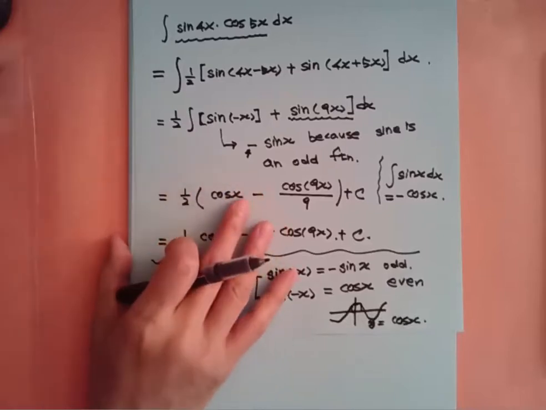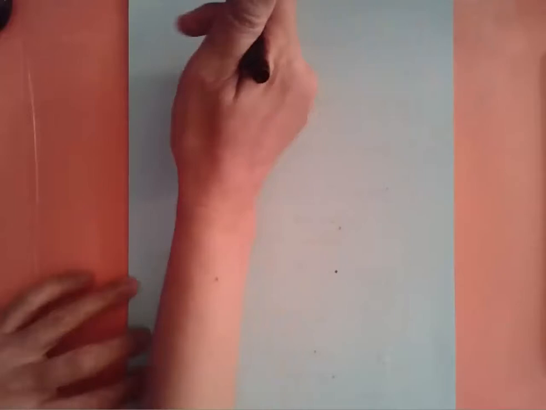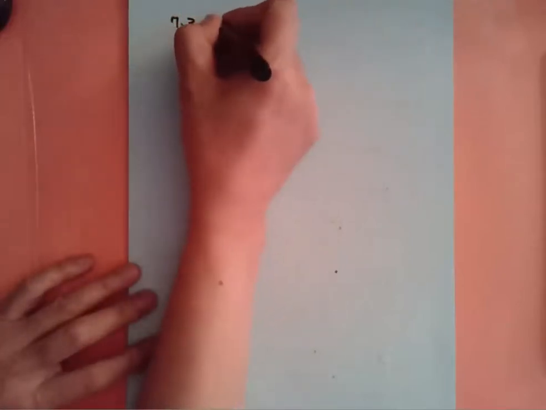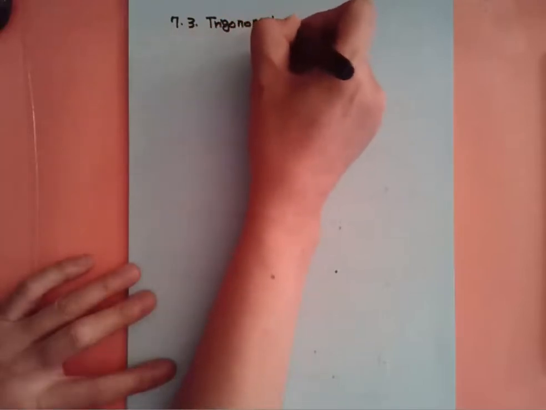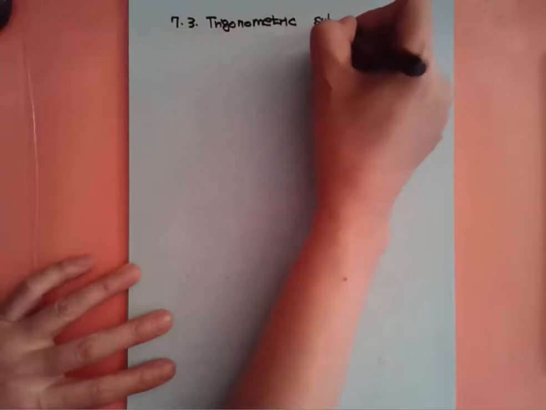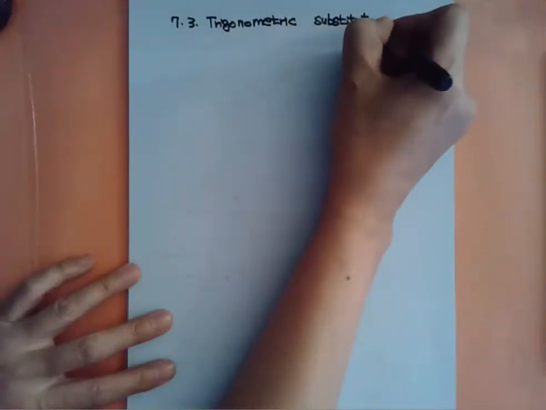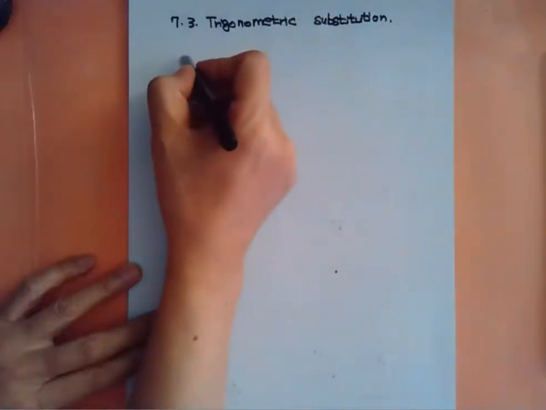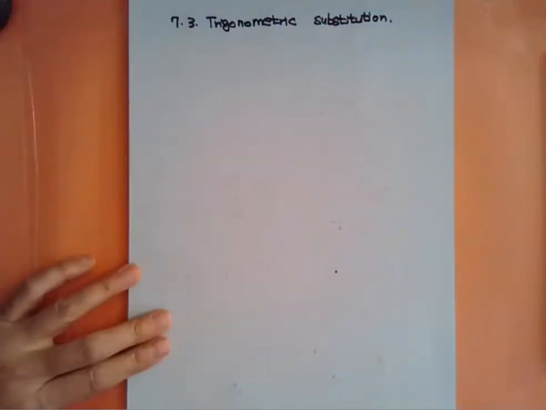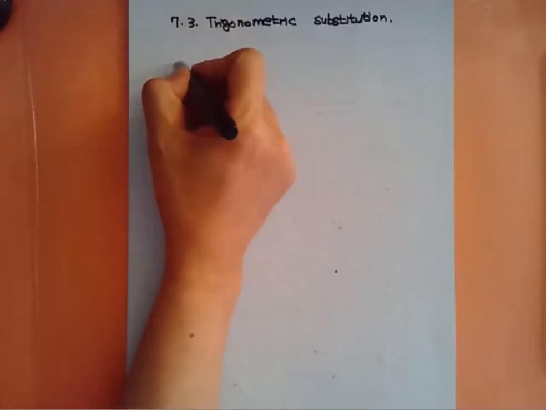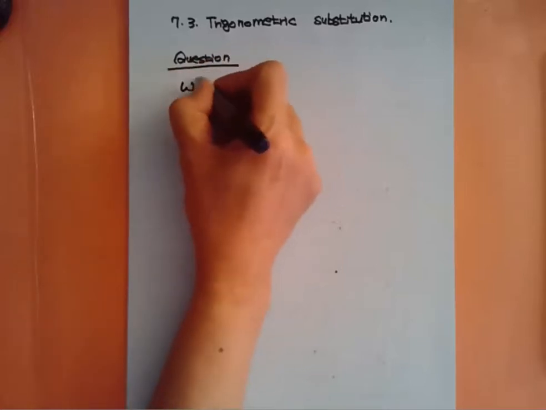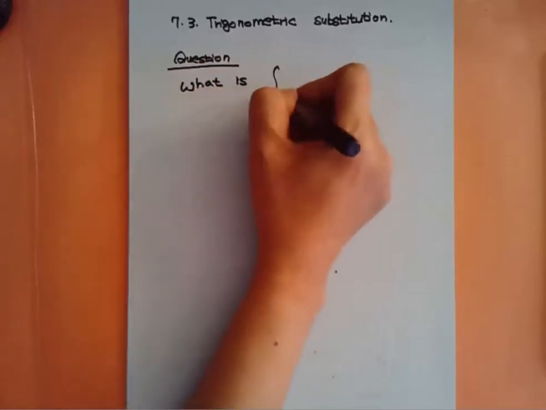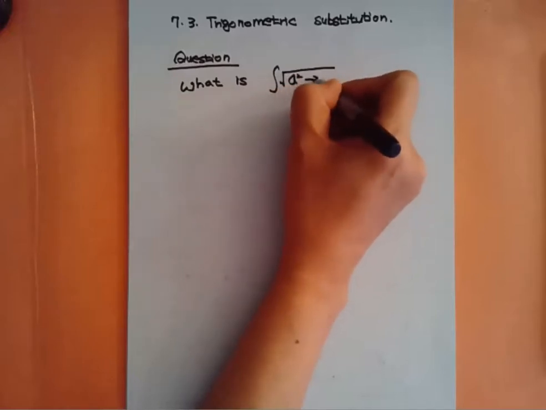7.3 is about trigonometric substitution. The type of question we will deal with will be like, what is the integration of square root of a squared minus x squared dx?